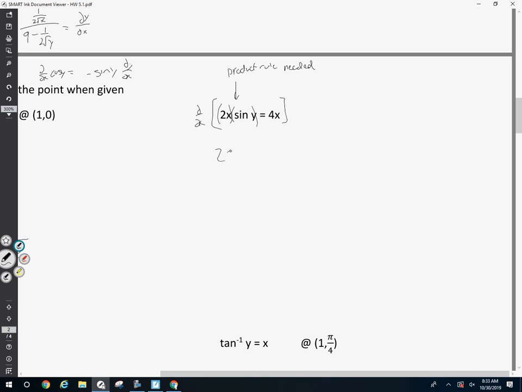Derivative of 2x is 2, derivative of the first times the second, plus the derivative of the second, cos y dy dx times the first equals the derivative of 4x. Subtract the 2 sine y, divide by 2x cos y. I could do that all at once, but if you are confused by it, just do it one step at a time. Okay?